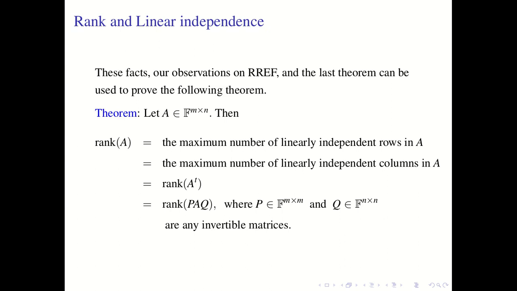The rank of A is equal to the maximum number of linearly independent rows in A, and that's also equal to the maximum number of linearly independent columns in A. That is the same as the rank of A transpose, and this is also equal to the rank of PAQ for any invertible matrices P in F m cross m and Q in F n cross n. With this, we conclude this lecture.